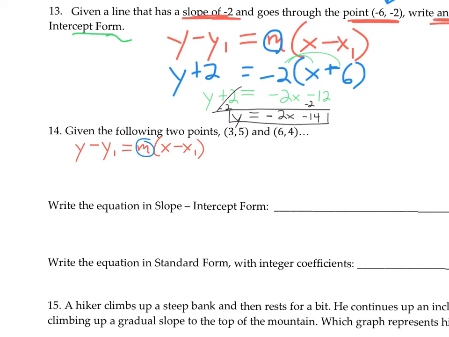But I can find slope from 2 points just by subtracting my y values on top, 5 minus 4, and my x values on bottom, 3 minus 6. That will give me 1 over -3. So my slope is -1/3.